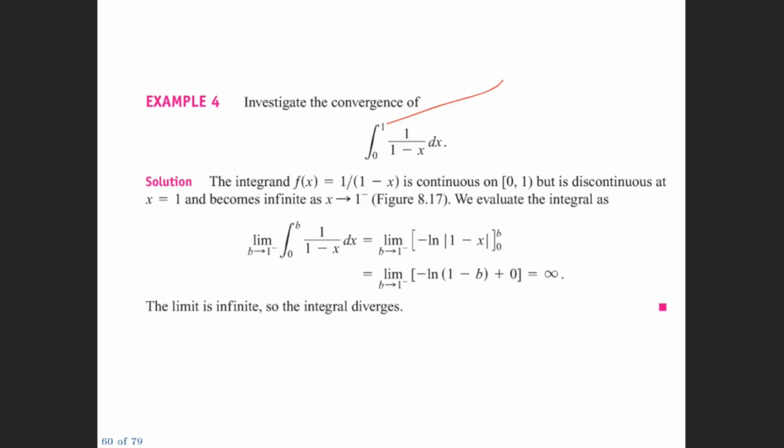So we need to replace the upper limit 1 by a letter, in this case b, and then we'll take the limit as b tends to 1. And in this case, b tends to 1 from the left. But other than that, there's nothing new in this example. So let me move ahead.